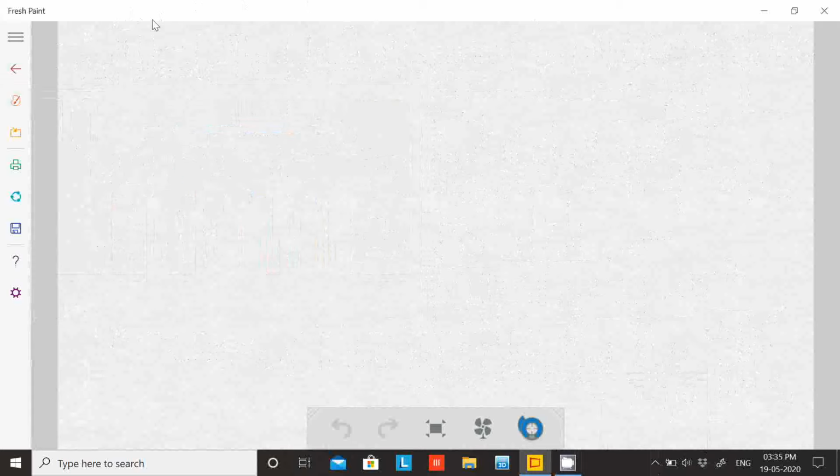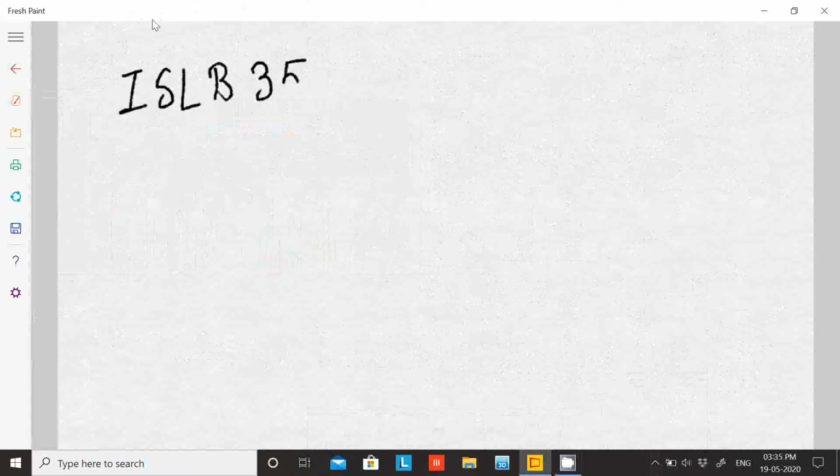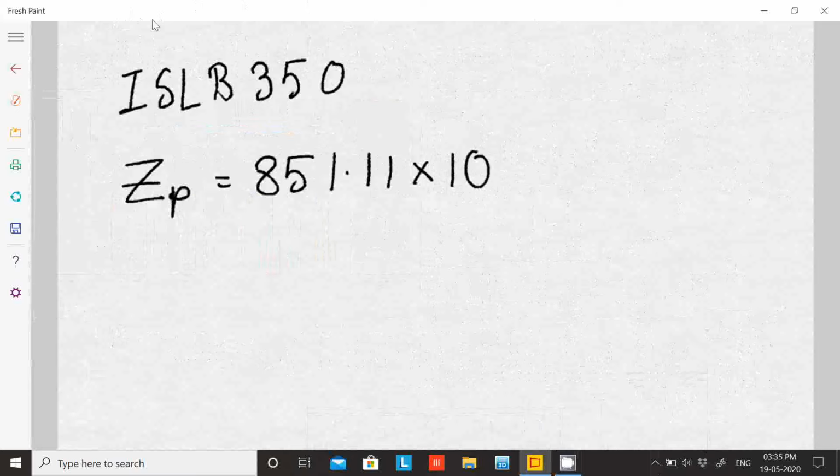The provided value of ZP for IS LB 350 was 851.11 into 10 to the power 3 mm cube, and it is greater than the new value.